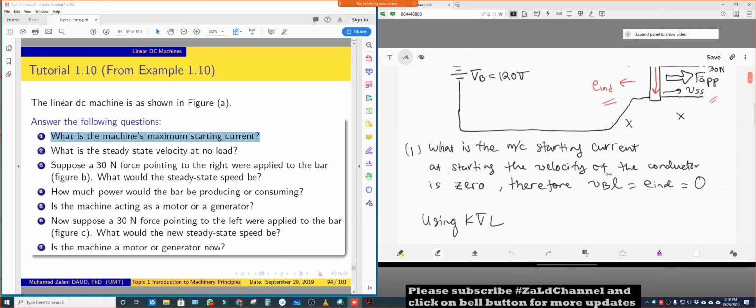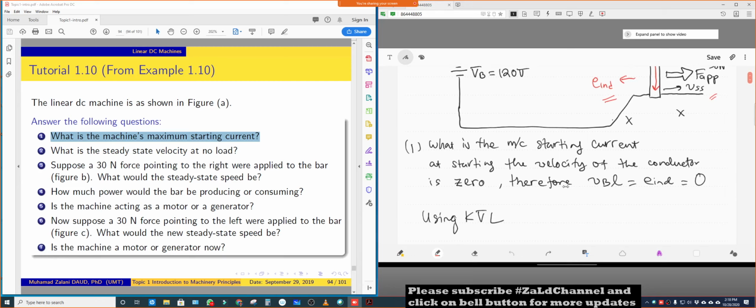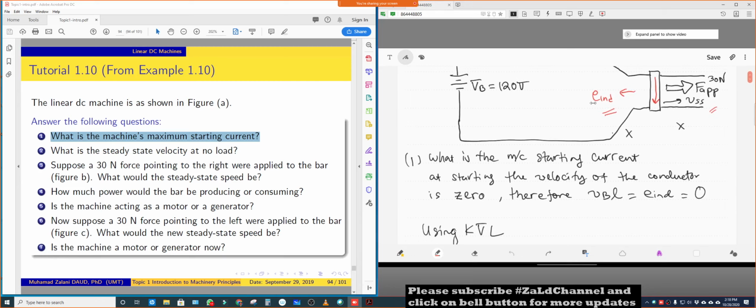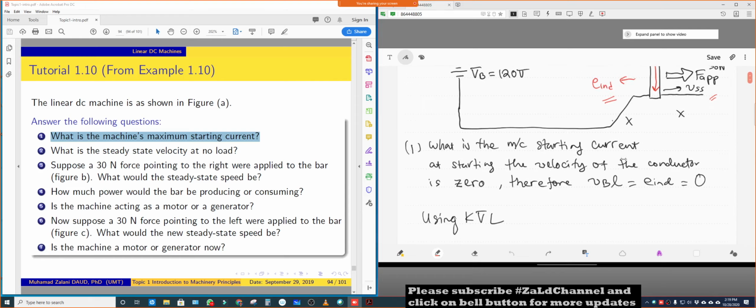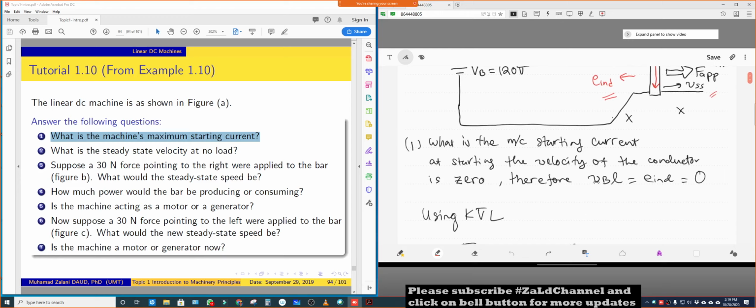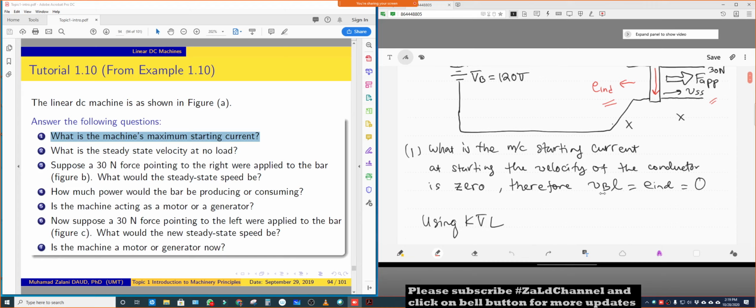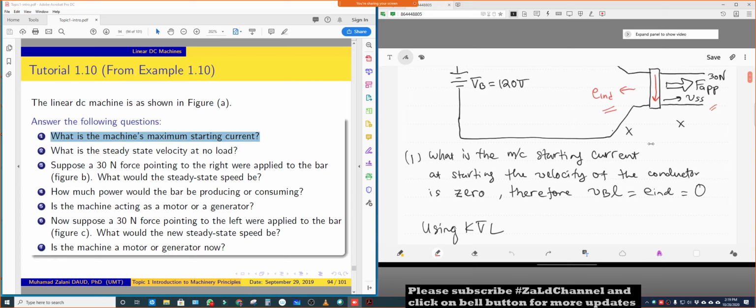The induced voltage equals VBL, where V is the velocity, B is the magnetic field intensity, and L is the length of this bar.